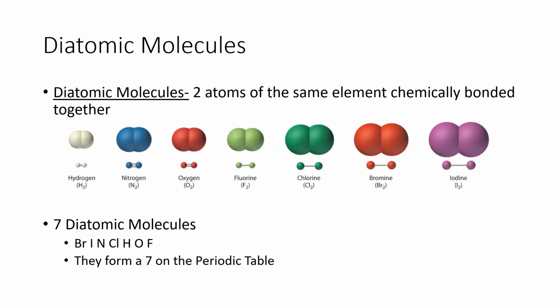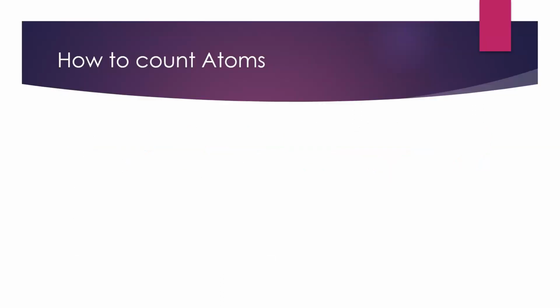You'll constantly hear me saying that this is a Brinkelhoff, and that is what I mean. B for bromine, I for iodine, N for nitrogen, Cl for chlorine, H for hydrogen, O for oxygen, and F for fluorine. You may also notice if you look at them on your periodic table, they form a 7 if you're looking at another way to memorize them.